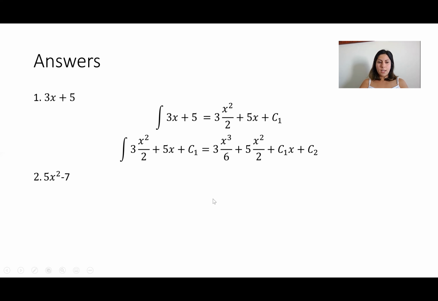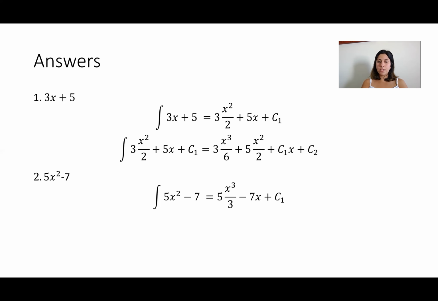Let's have a look at the second example. It is 5 times x squared minus 7. So for the first integration, we have 5 times x cubed divided by 3 minus 7 times x plus c1.